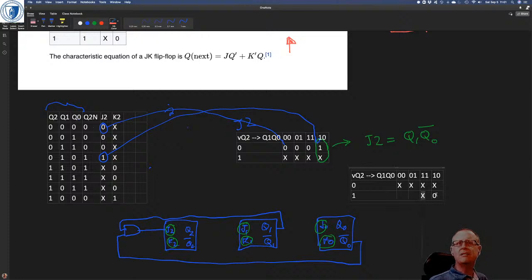What's the next one? 111, that's this one, is also a 0. The 101, which is also this one, is also a 0. And then we have a 1 here. Right, so this is now the K2 map.